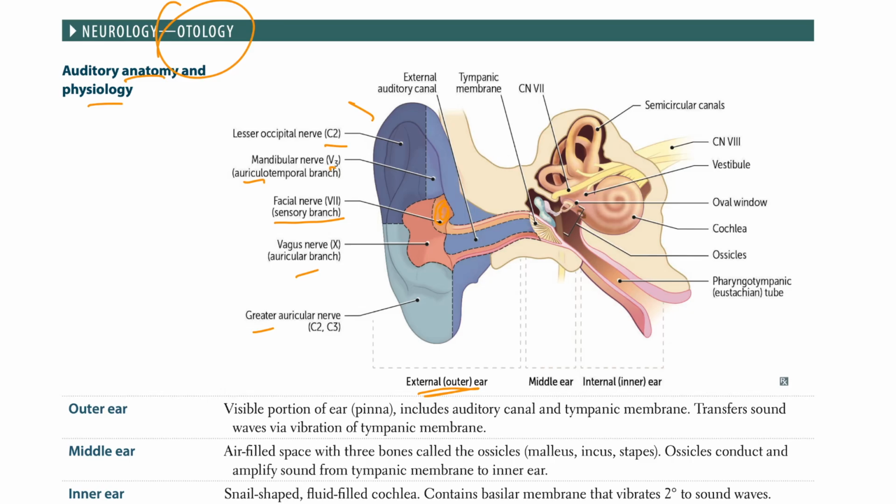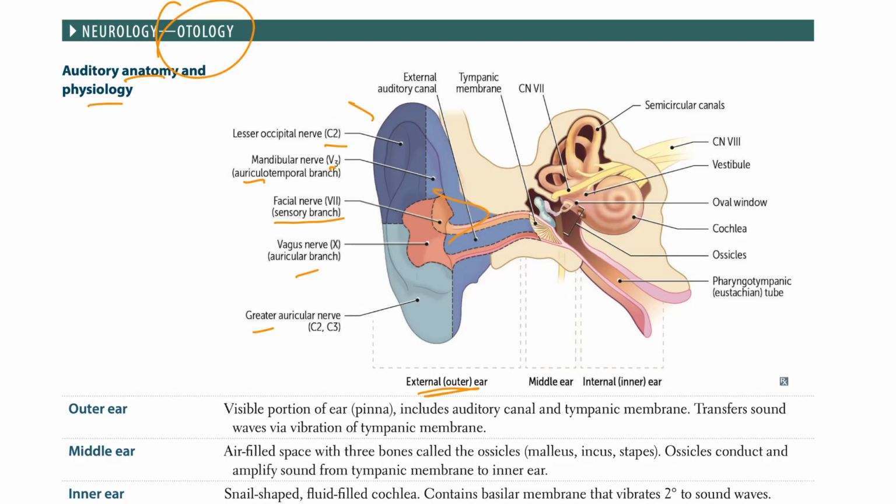Now, importantly, why is this important? Well, one of the things that you would clinically see is that in the examination of the external ear, the otoscope goes in this place, right?